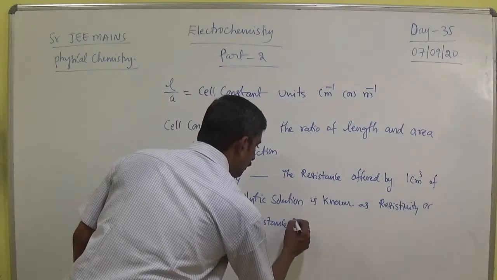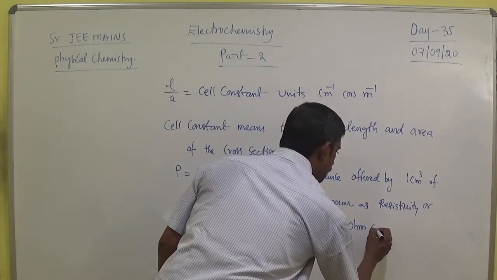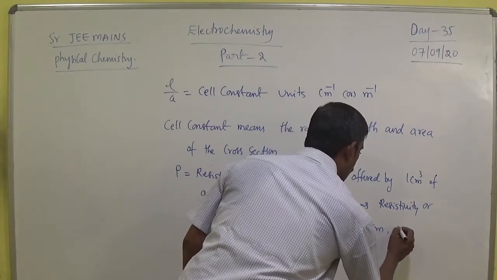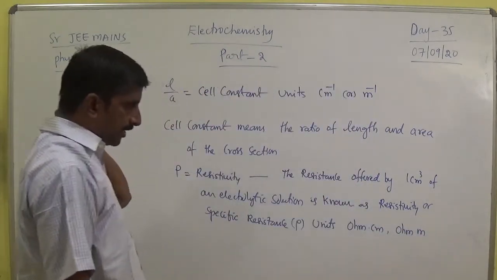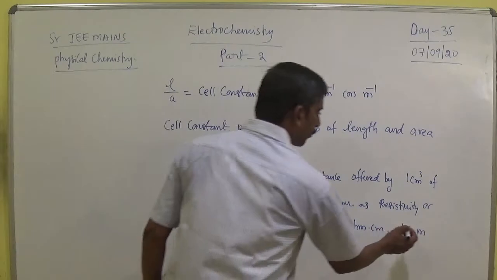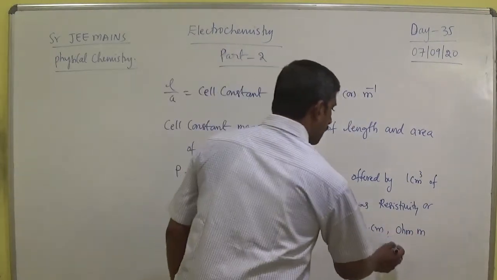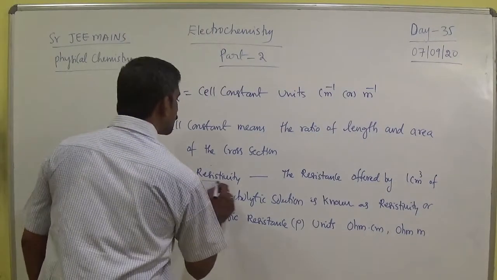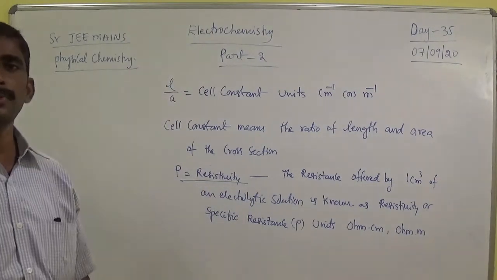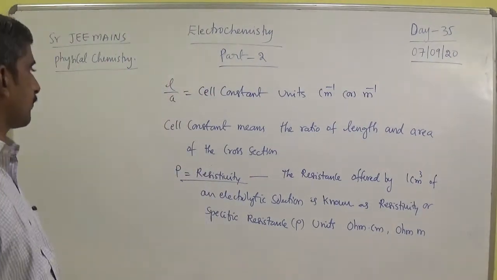Symbol rho. Units generally ohm centimeter or ohm meter. So these are the units of resistivity or specific resistance. So these are formulas.